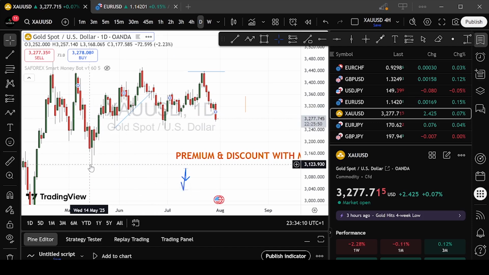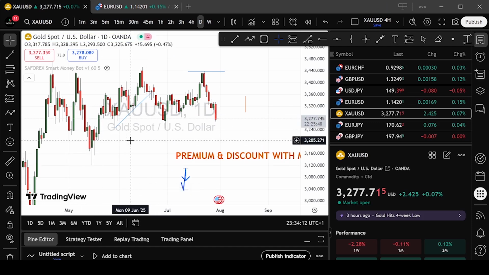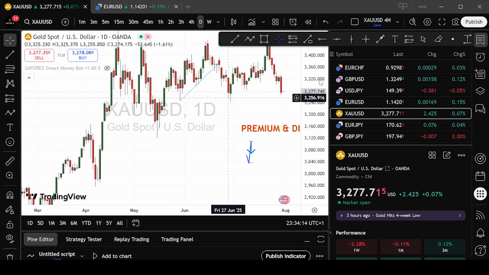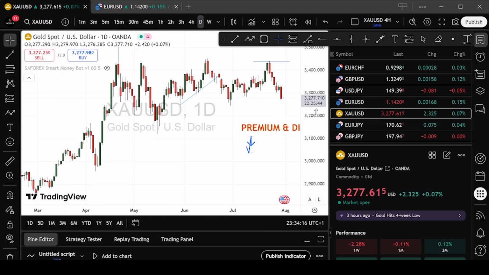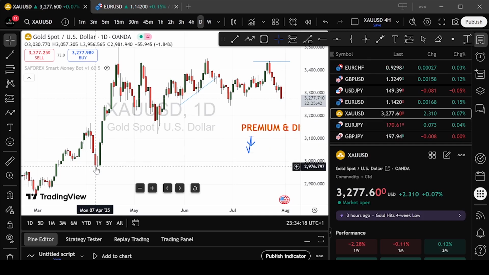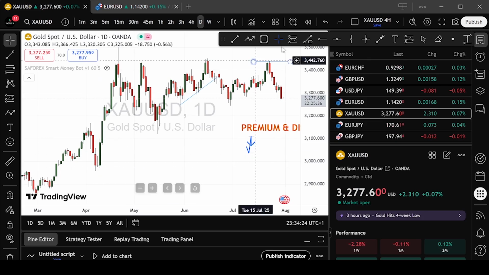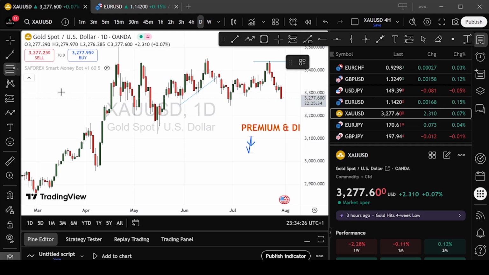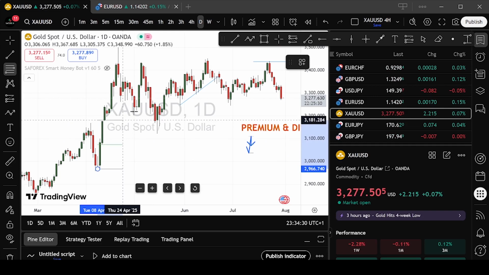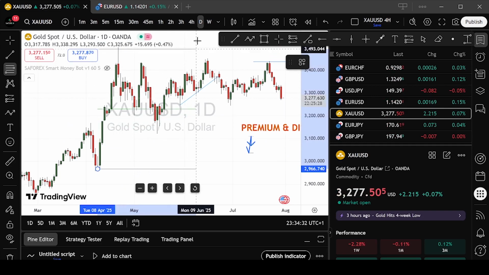I can take this as average, or I can still use this one if I want to go deeper, because this is a very sweet leg. Let me say the market bought and came to this high.